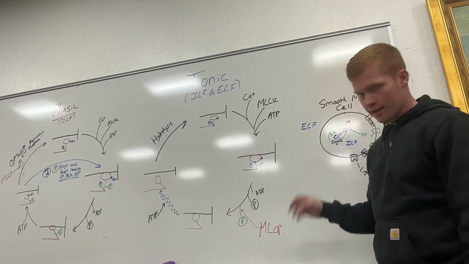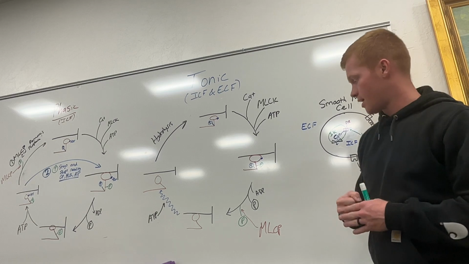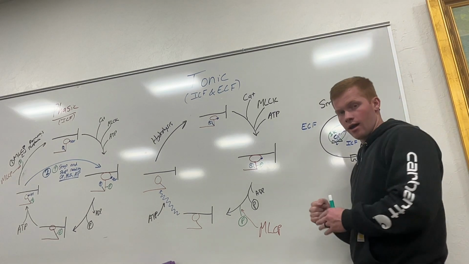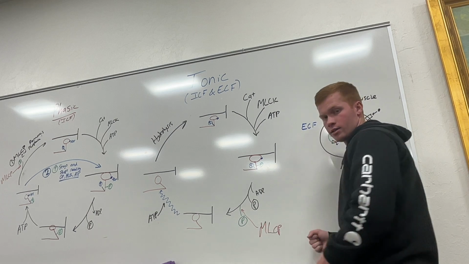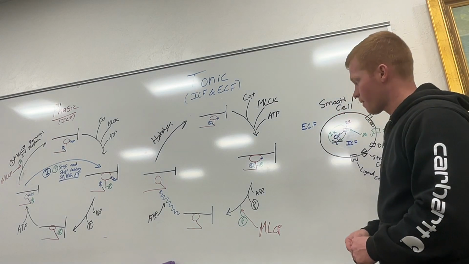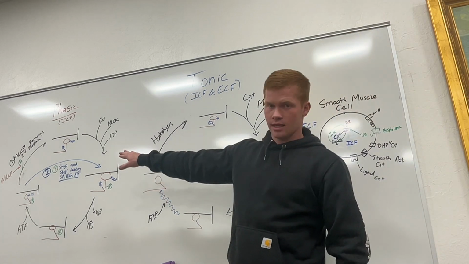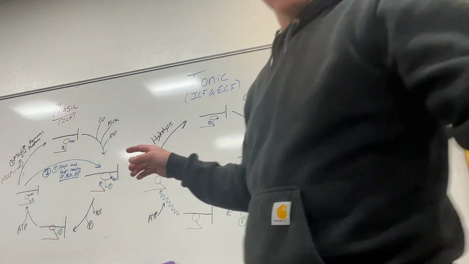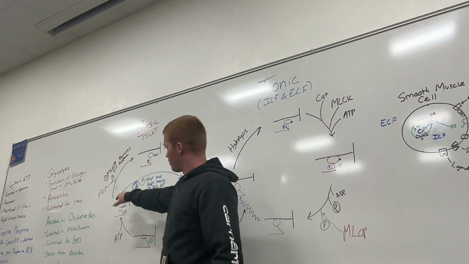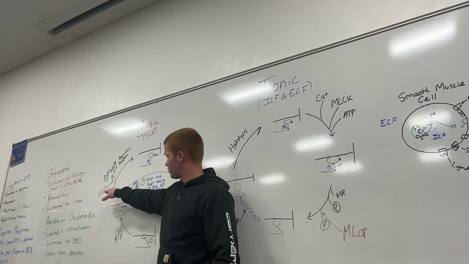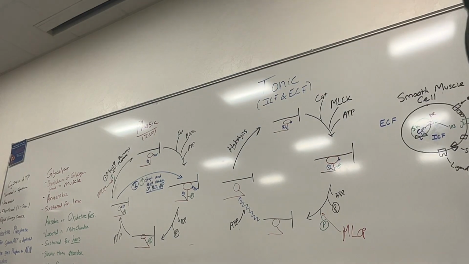But if there's a lot of calcium, it's going to inhibit Rho kinase, which is then not going to let Rho kinase inhibit MLCP. So there's going to be a lot more MLCP available. And if there's a lot more MLCP available, number one, it's going to be able to phosphorylate and take off those second phosphates.